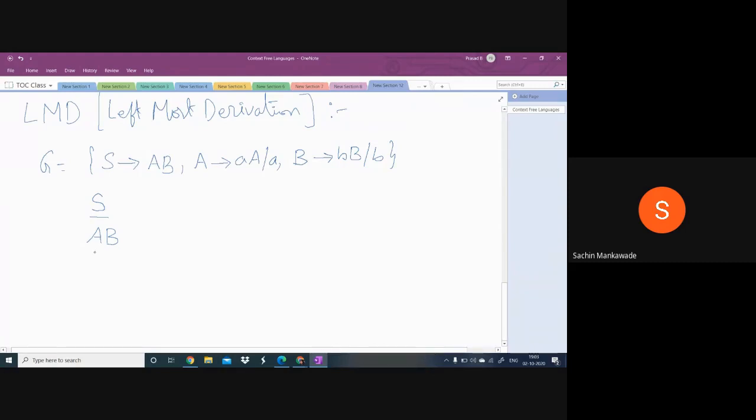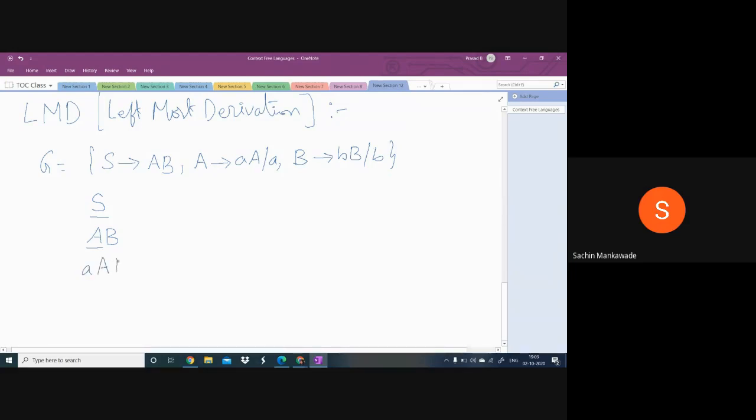Now, after this step, we can apply a production either in A place or in B place. But in these two, which one is the leftmost non-terminal? A. So in A place, I am applying this production AA.